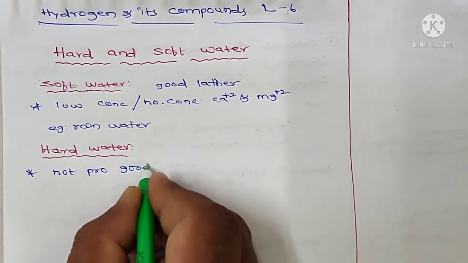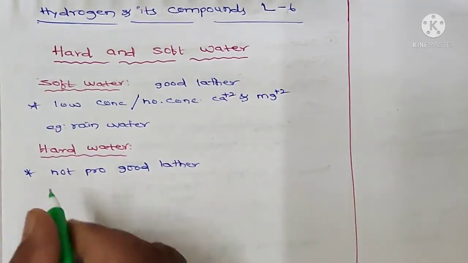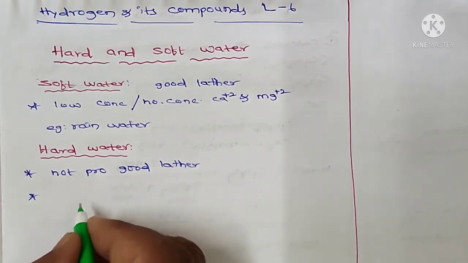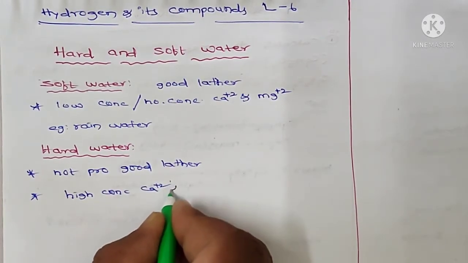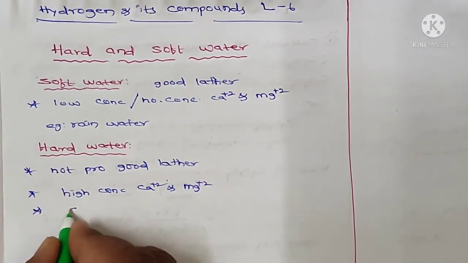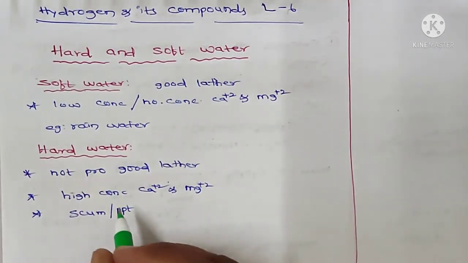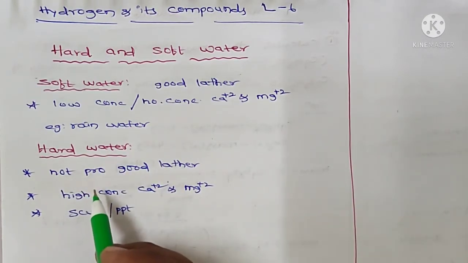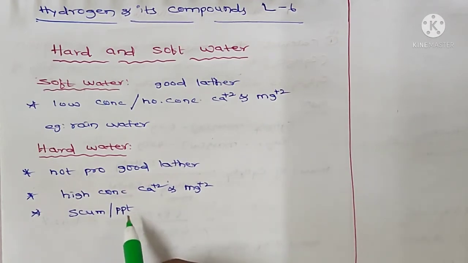Hard water has a high concentration of calcium and magnesium salts, and it forms scum or precipitate with the soap.